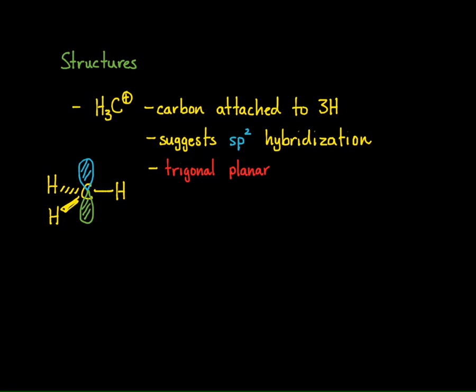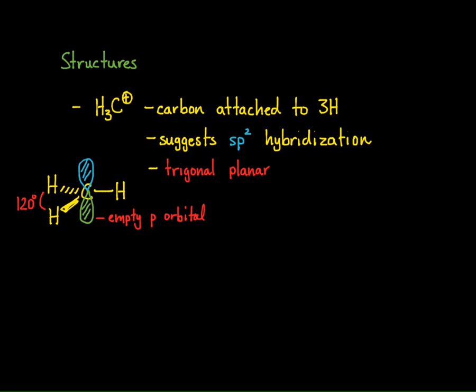And then I have this empty p orbital that exists. So a carbocation has an empty p orbital. It only has 6 electrons around it, so it's very unstable, and the bond angle is 120 degrees. This becomes important when we try to visualize the reactions that take place at a carbon center.